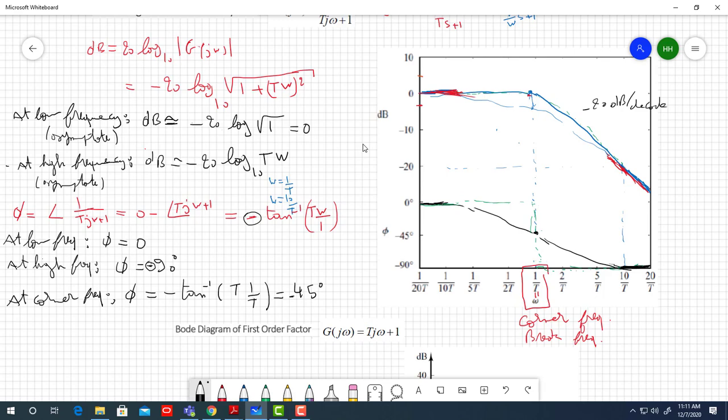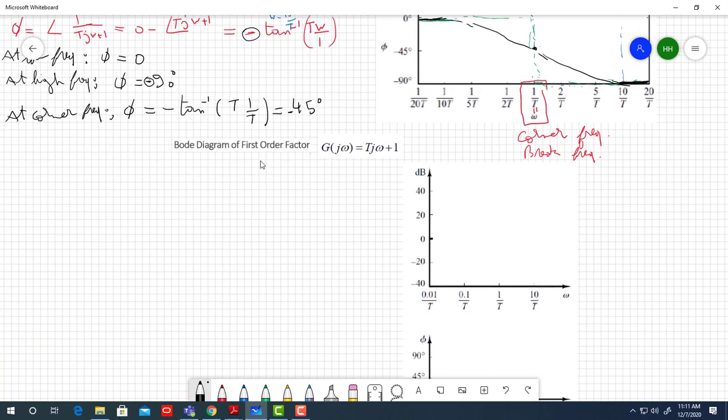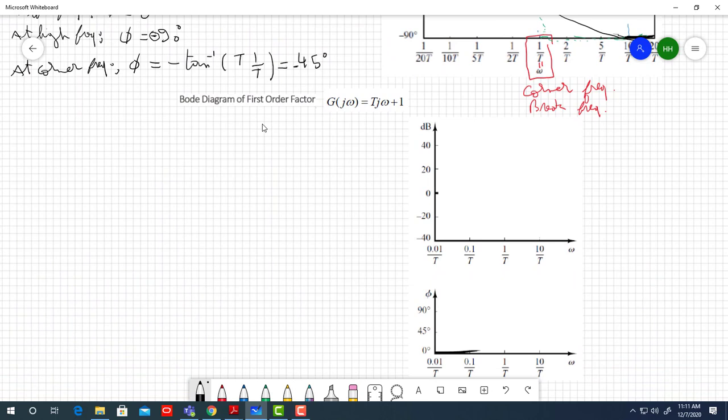So first, as we always do, we check the magnitude. The magnitude in decibel is 20 log 10 of the magnitude of t j omega plus 1, which equals 20 log 10 of the square root of 1 plus t omega squared.